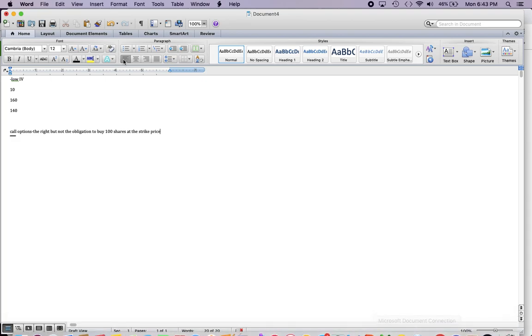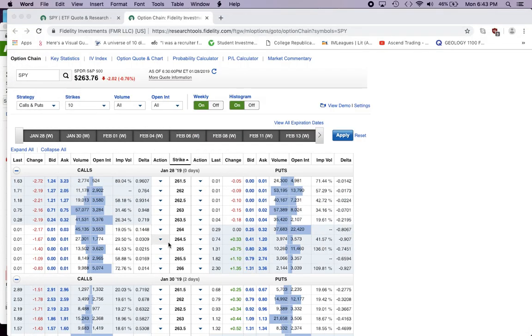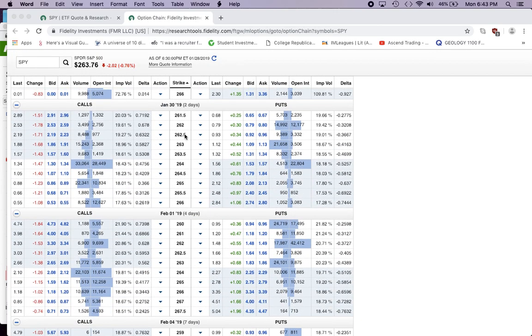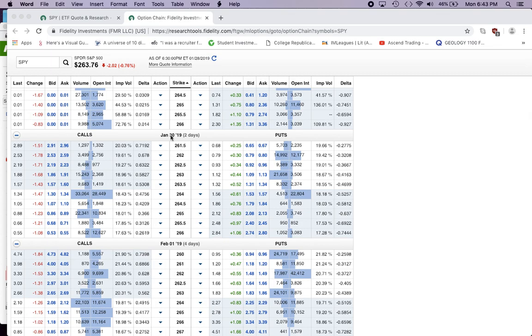So if you were a big fund and you think that by January 30th, which I doubt it moves this much, the SPY is going to be at 264, well, you could buy a 262 call option, and if you think the trend is continuing upward, you've bought this call option, say for around $259, and then you can exercise it if you want.